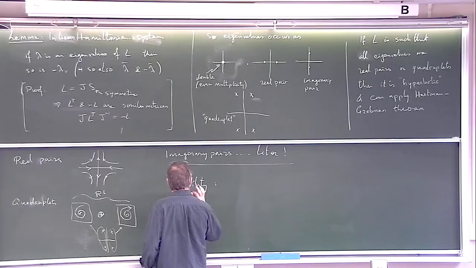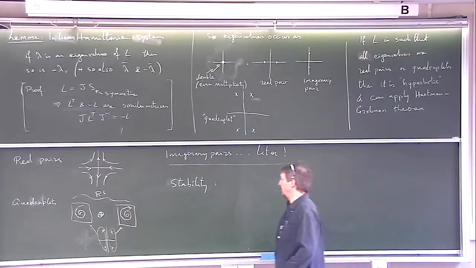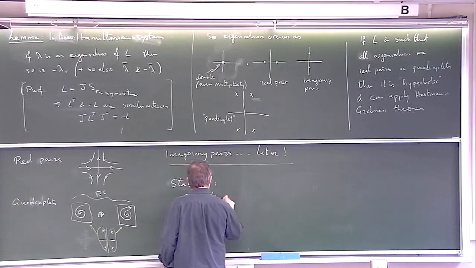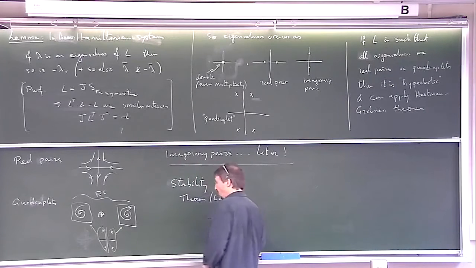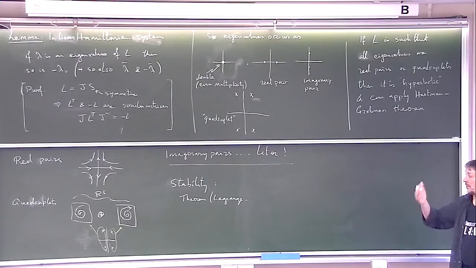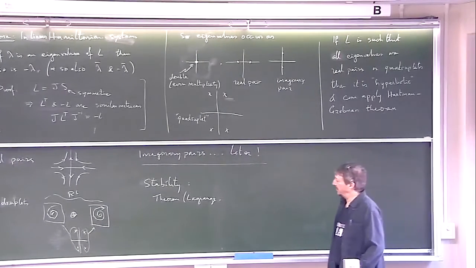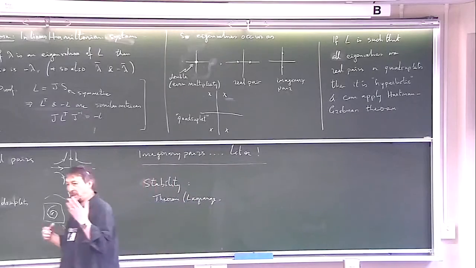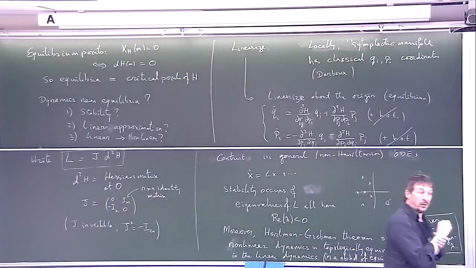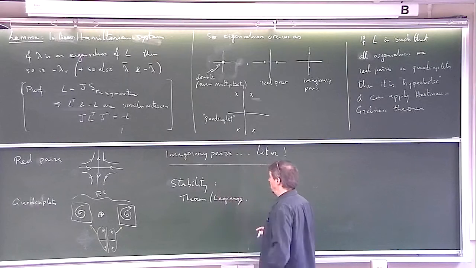So the main theorem about stability of equilibria is simple. And it was stated by Lagrange, essentially. Although Lagrange didn't write, of course, Hamilton was 100 years after Lagrange, but Lagrange was certainly talking about kinetic energy and potential energy. So at least he stated this for those systems, but it's more general.